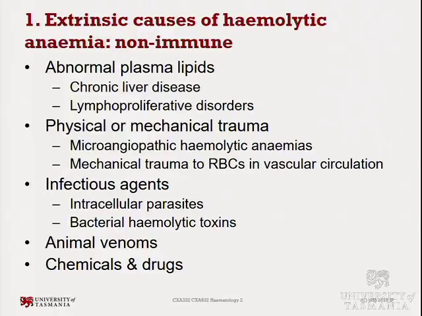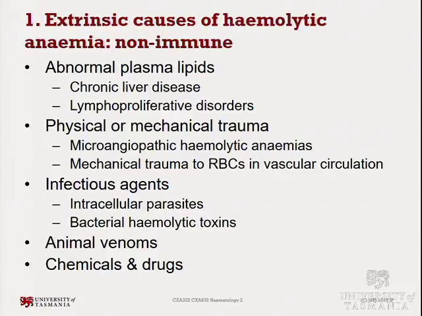Physical or mechanical trauma. So this is where we get one of our major forms of hemolytic anemia, which is microangiopathic hemolytic anemias, also known as MAHA. If you have a look at this word, you can see micro meaning small, angio refers to blood vessels, and pathic means bad or condition of.